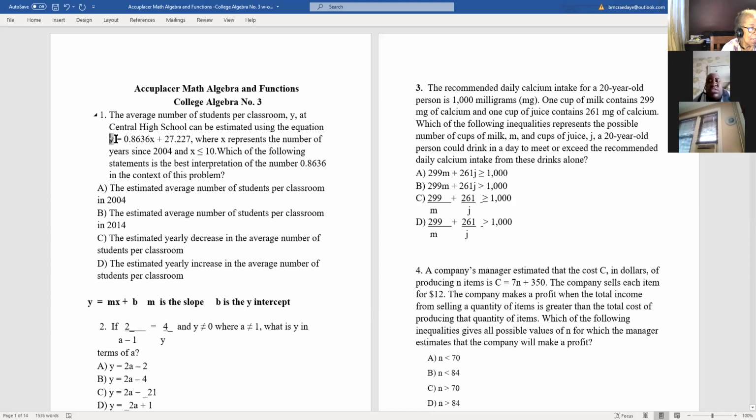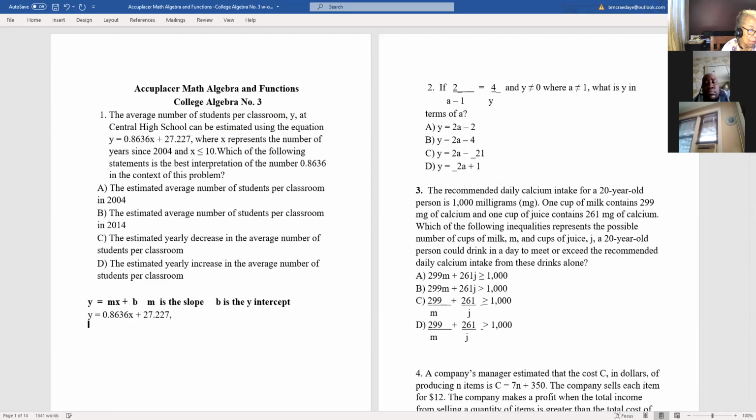So let's just copy that equation. Okay, so the slope is 0.8636. Now we know that the slope is the rate of change of something, right?